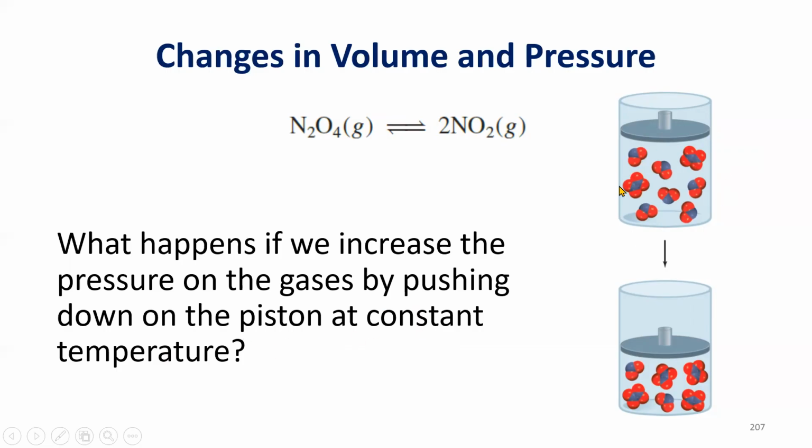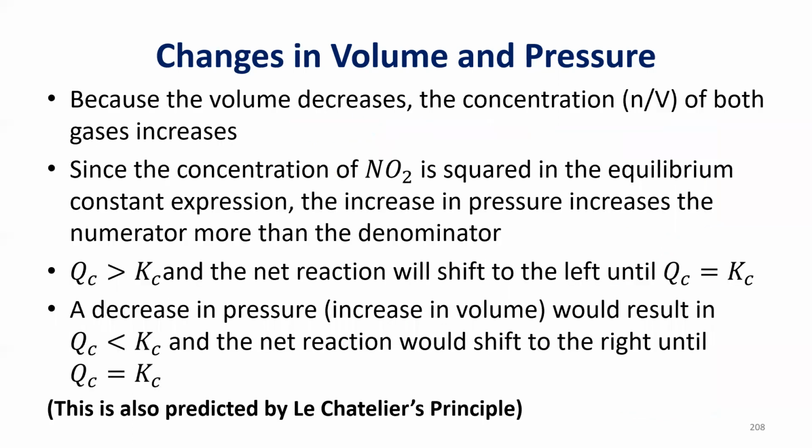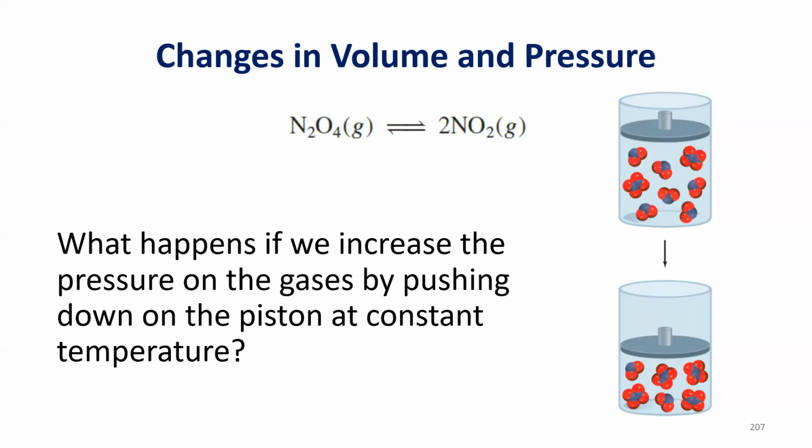So you have your reaction mixture here of these two species, and then you increase the pressure by pushing down the piston. So what happens is that you reduce the volume of the gas or of the reaction mixture.